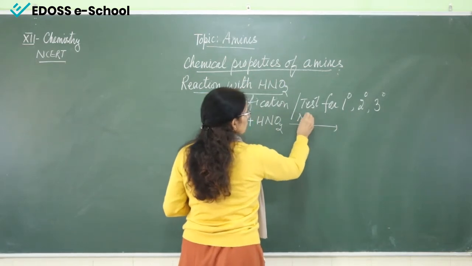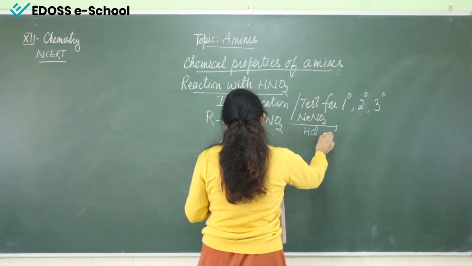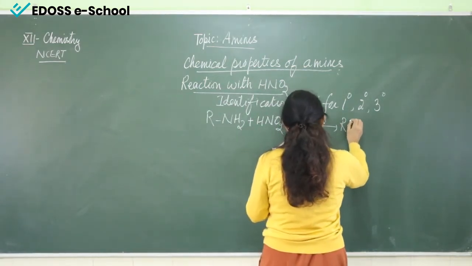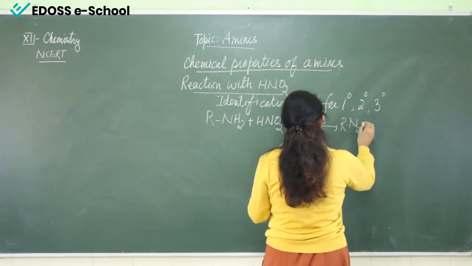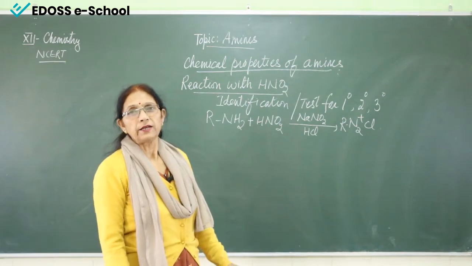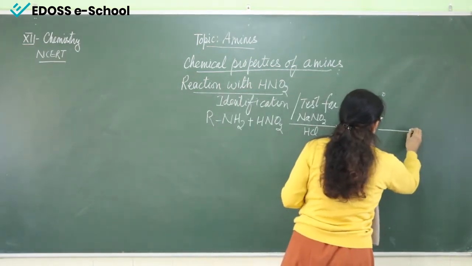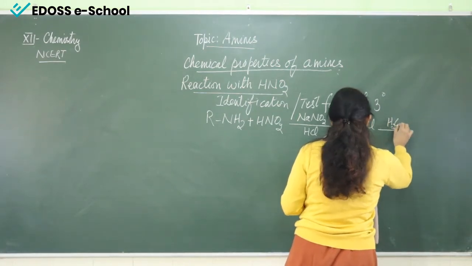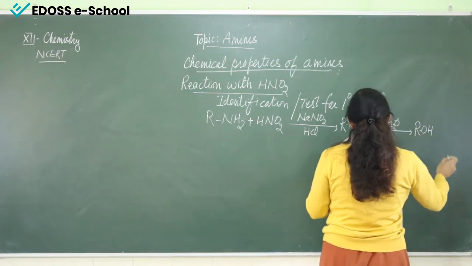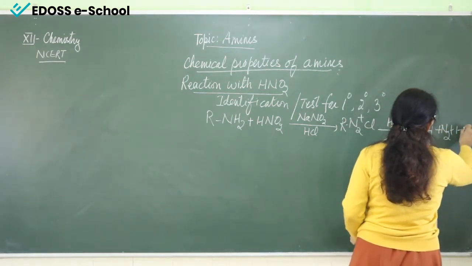In the presence of sodium nitrite and HCl, it will convert into alkyl diazonium salt, and if we do hydrolysis, then it will convert into alcohol, nitrogen and HCl will be given.